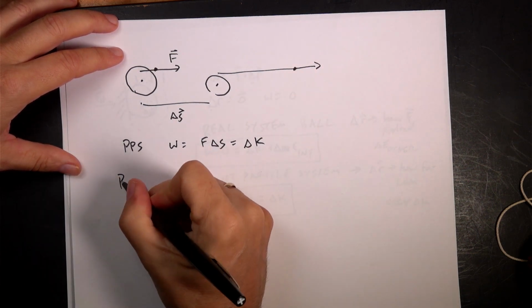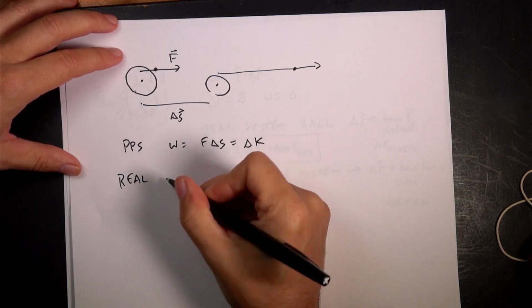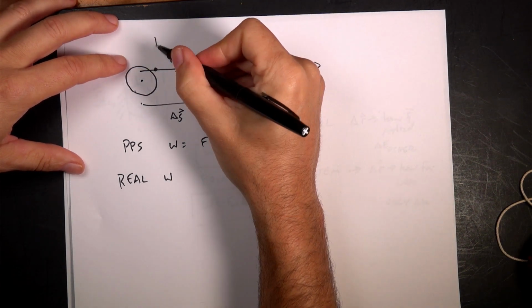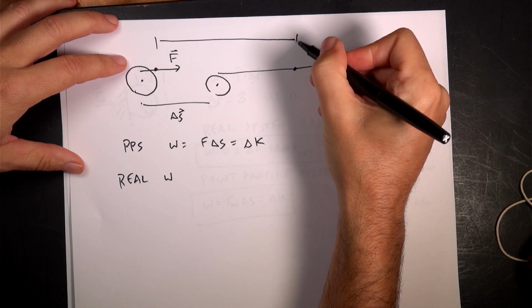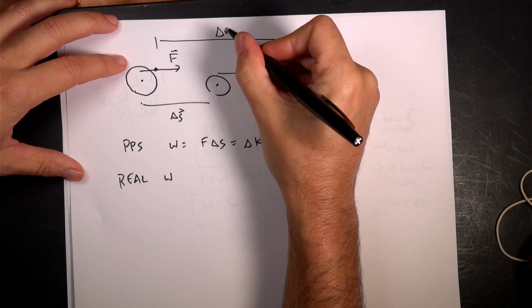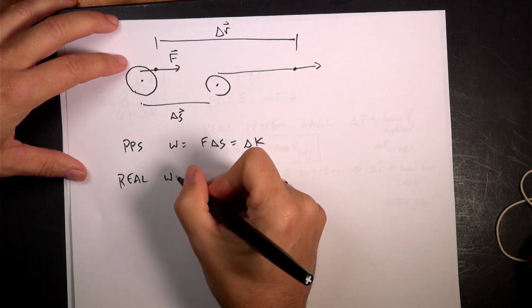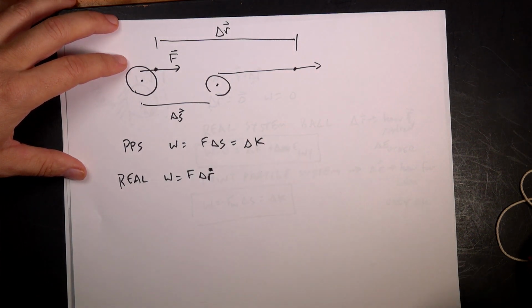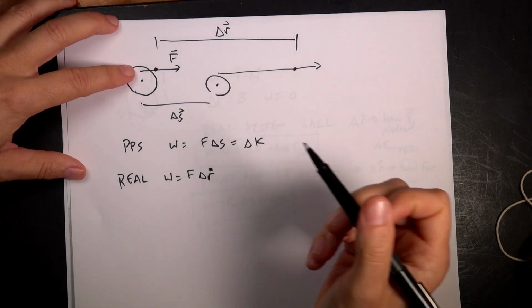So in the real system, the work would be, I need a name for this, how far F moved, I'll call that delta R. The work would be F delta R. I'm just going to leave it like that as scalar because they're in the same direction.